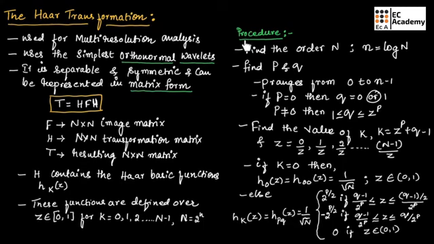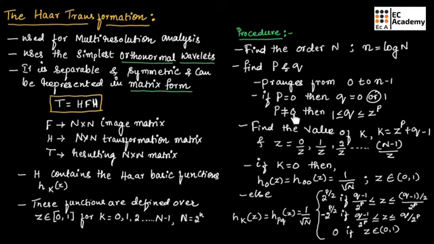Now let us see the procedure to find the Haar transformation. First we need to find the order n by taking n = log N. Then we need to find the value of p and q. Here p ranges from 0 to n minus 1. If p is equal to 0, then q will be equal to 0 or 1.